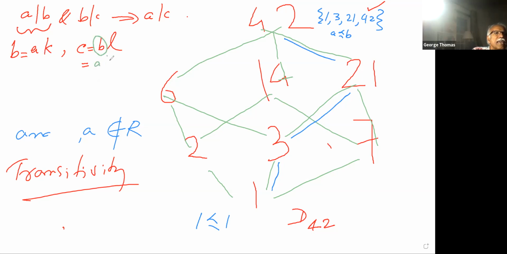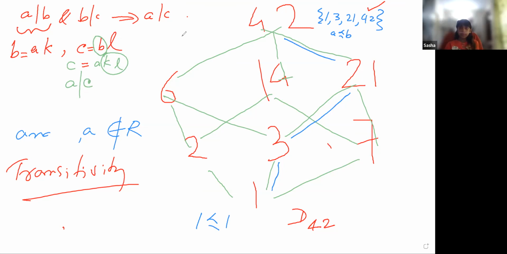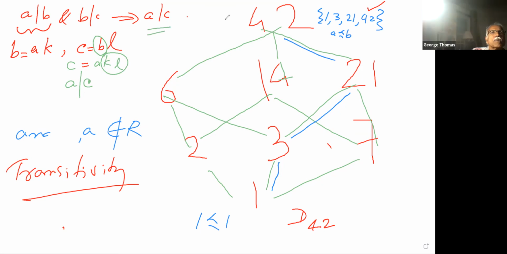It is AK. So C equals AKL, so A divides C. If C equals A times an integer, then A divides C. Agreed? Yes. Which is what we wanted to prove.